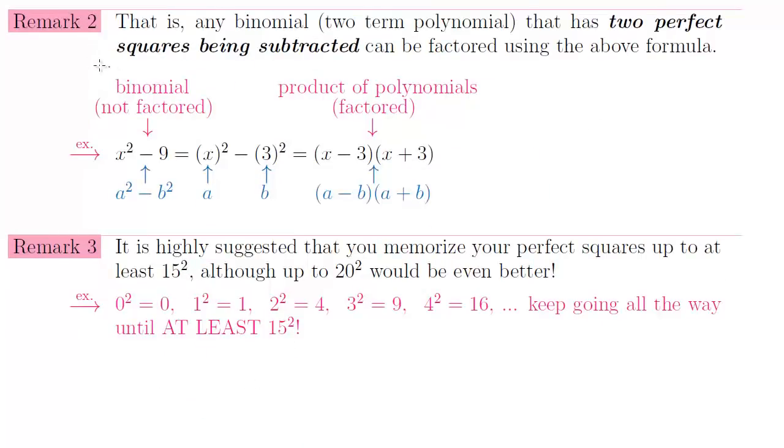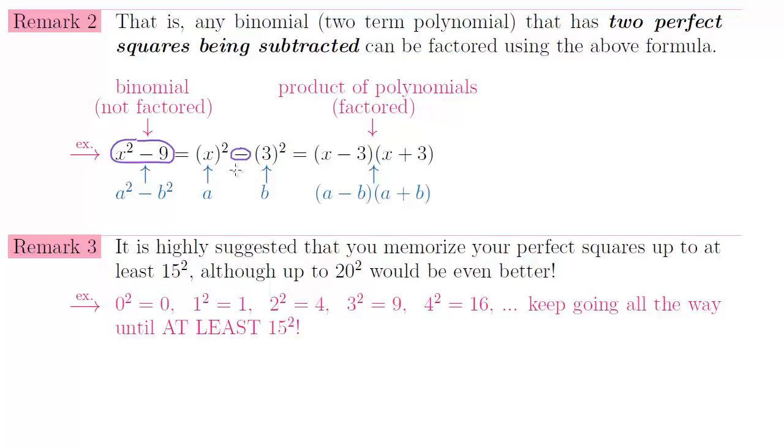So here's an example of how we can apply the difference of squares formula to factor a polynomial. If we're given a polynomial like x squared minus 9, first of all, we recognize this polynomial as a difference of two squares, right? There's a minus sign, so we know it's a difference, and there's two perfect squares, x squared and 3 squared.